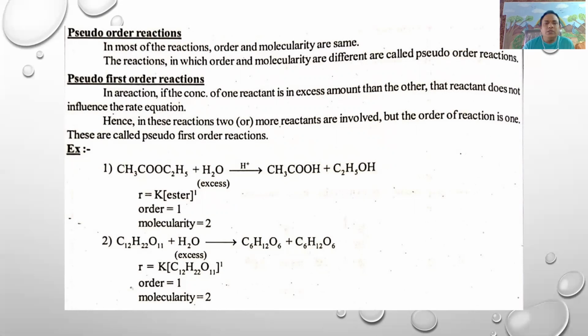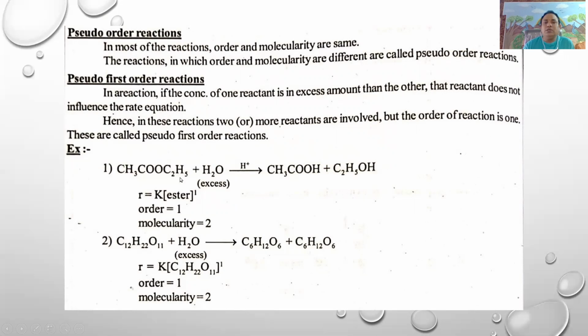First example is hydrolysis of ethyl acetate. That is ethyl acetate plus water. Water is taken in excess quantity. While taking the water in excess quantity, it doesn't affect the rate of the reaction. Only the rate depends upon the concentration of ethyl acetate. Therefore, it is a pseudo first order reaction.